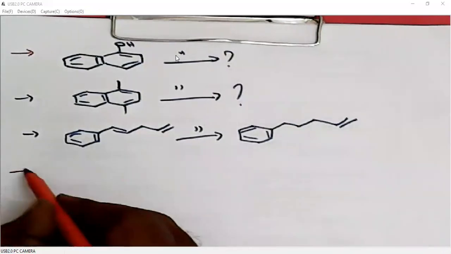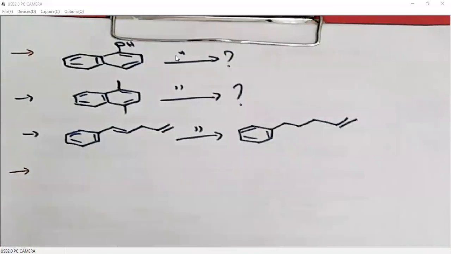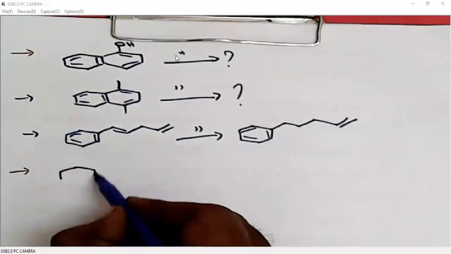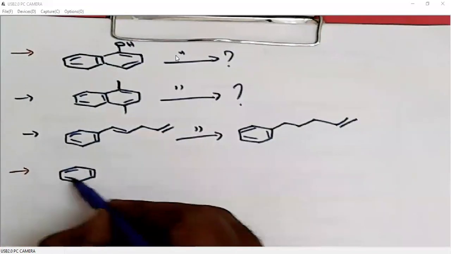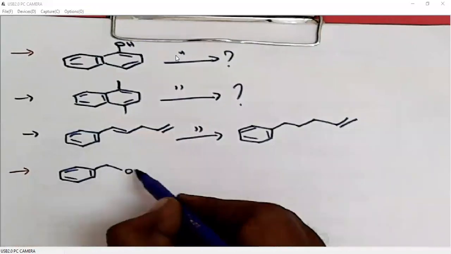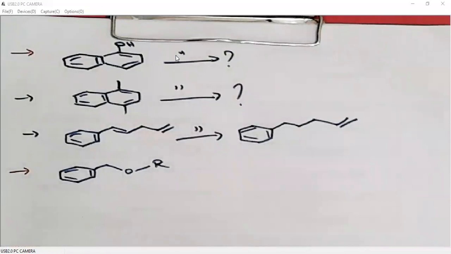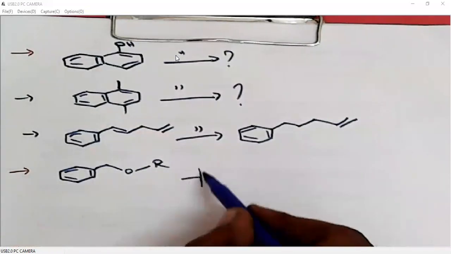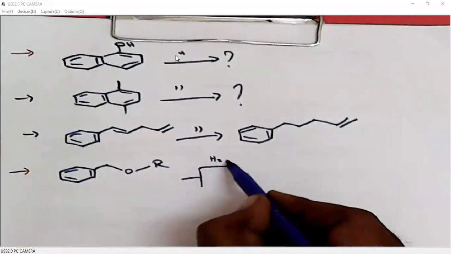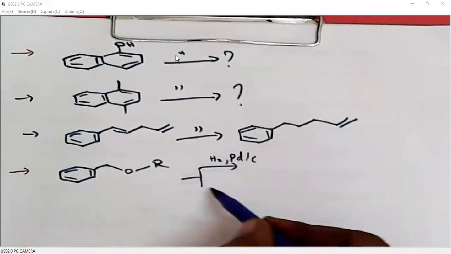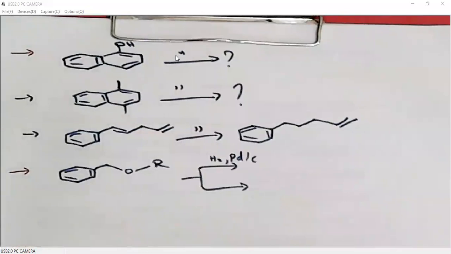And in the last example, I would like to discuss the deprotection of benzyl ethers. We have used hydrogen and palladium on carbon to deprotect this, right?